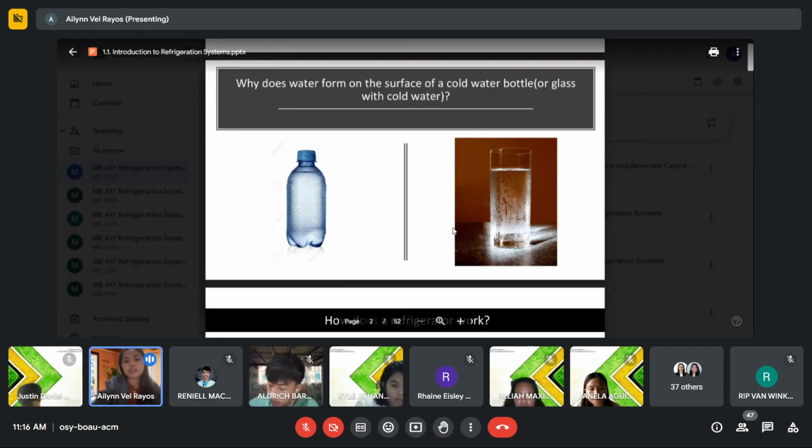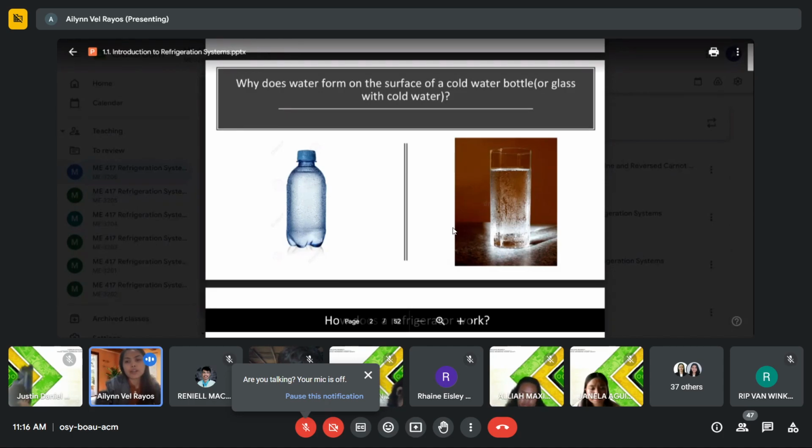Okay? Wag namang mape-pressure dito. As long as ma-explain mo yung slide mo, okay na yun. Okay? If, for example, meron kayong gustong ipa-add na figure doon sa slide, sabihin nyo lang.